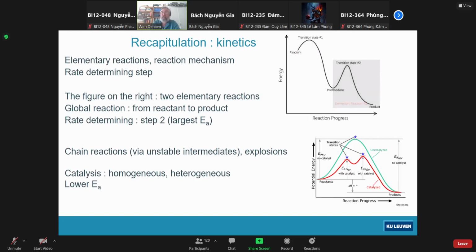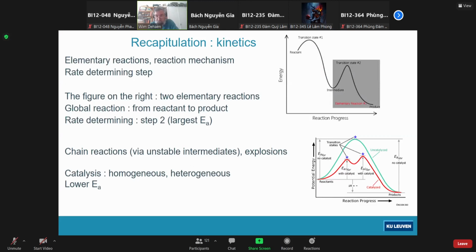It's evenly distributed, and then you talk about homogeneous catalysis. Or you could add a solid compound into a liquid phase, or you can lead a gas over a solid catalyst. That's heterogeneous catalysis.